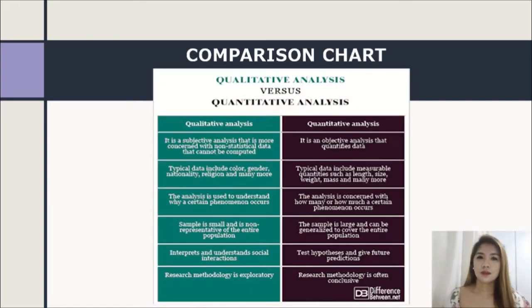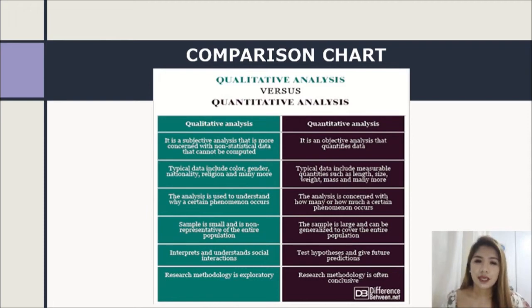So to give us a summary, here's a comparison chart between a qualitative analysis versus the quantitative analysis. So qualitative analysis is subjective analysis that is more concerned with non-statistical data that cannot be computed. While in quantitative analysis, it is an objective analysis that quantifies data.